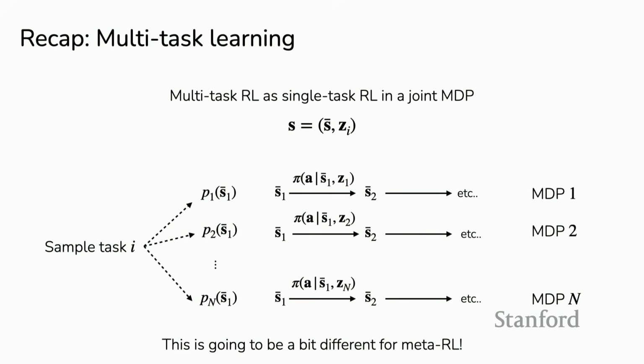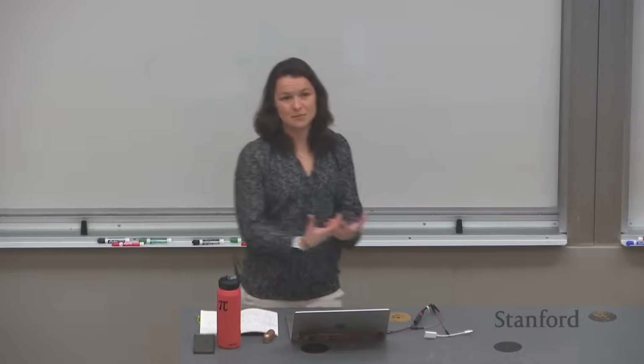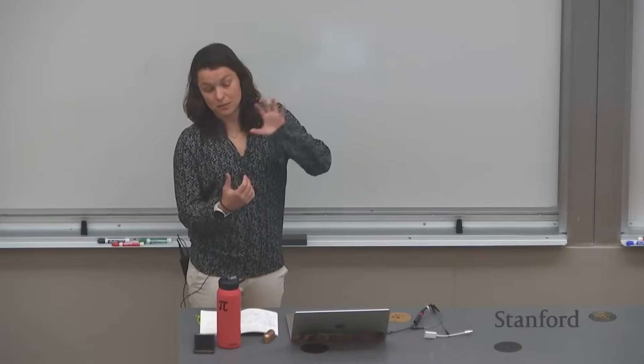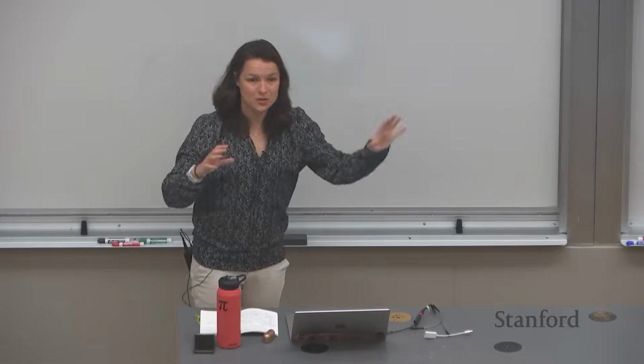And we also somewhat briefly talked about goal-conditioned reinforcement learning, and it could simply be viewed as a special case of multitask reinforcement learning where each task is trying to reach a goal state, and the task descriptor corresponds to that goal state. So if your states are images, for example, then you'll be passing as input to the policy both the current image and the goal image, and you'll be trying to reach that goal image.